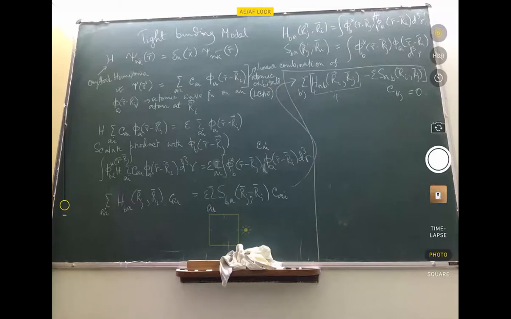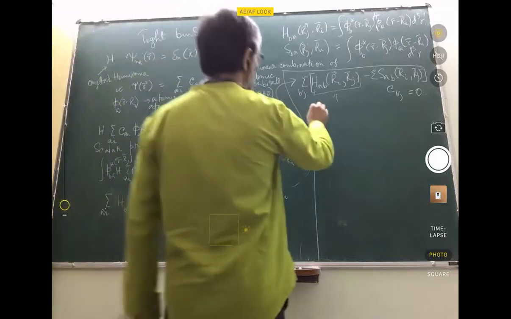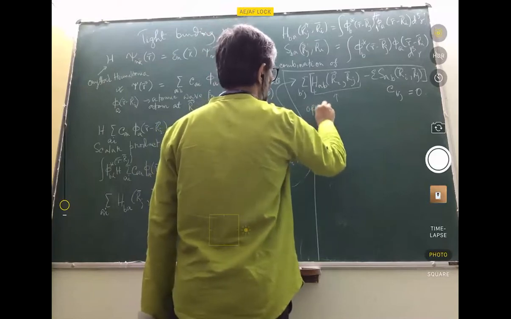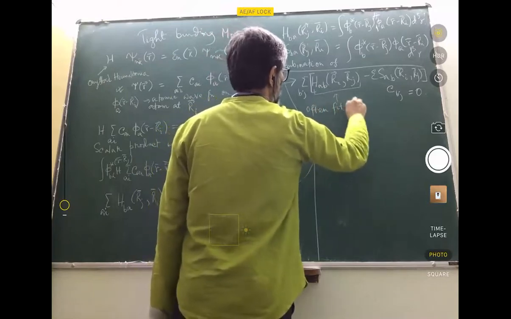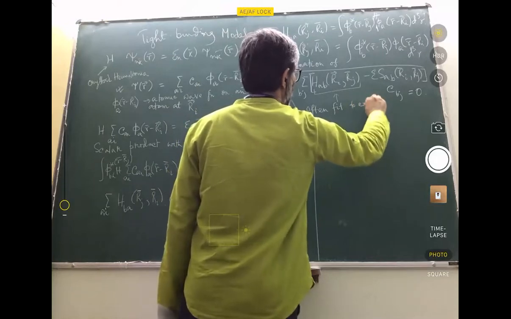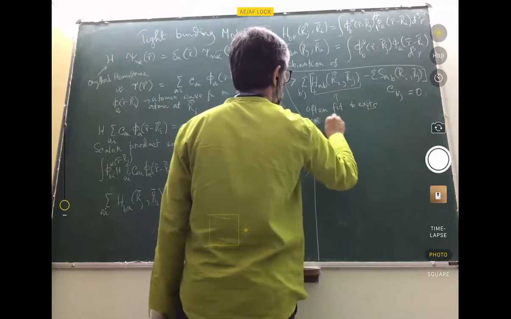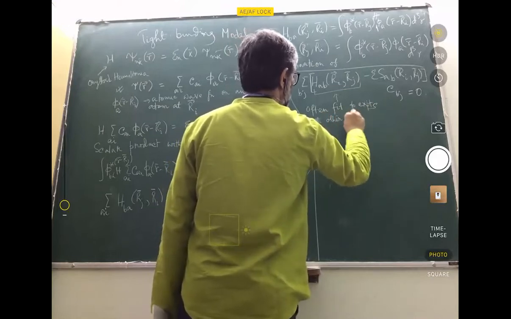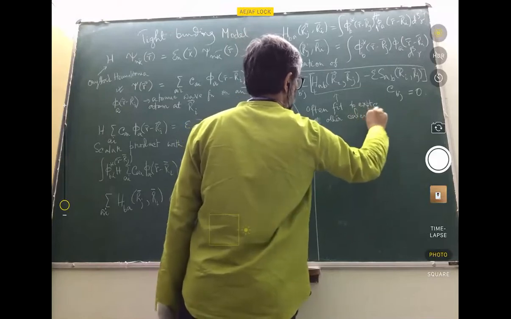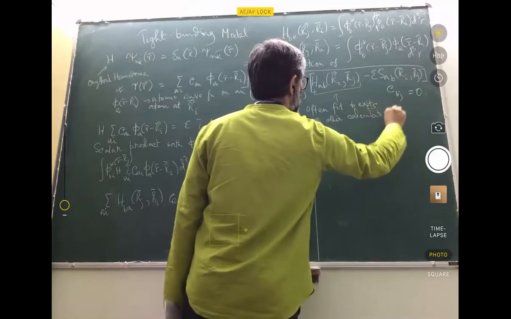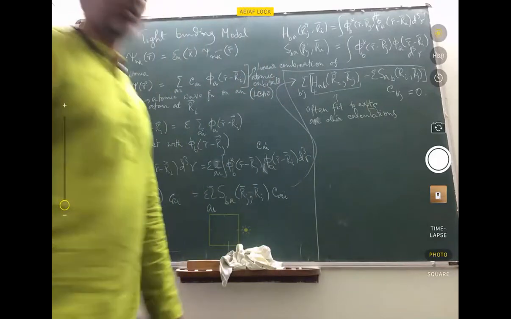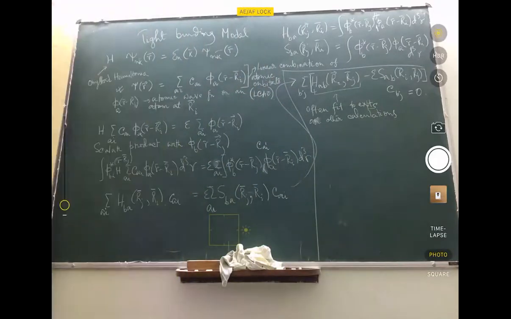What I'm trying to say here is that these are often fit to experiments, or sometimes they're just left as parameters, and you still can get qualitative information about a class of systems at least.